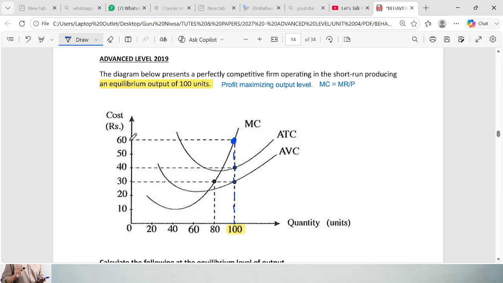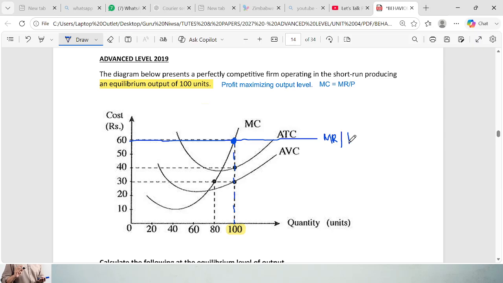The question has not directly said that the price of the product is 60 rupees. If 100 is the profit maximizing output level, how much is the price of the product or MR? Yes, this should be the MR curve. This 60 is MR, the marginal revenue curve or price of the product.